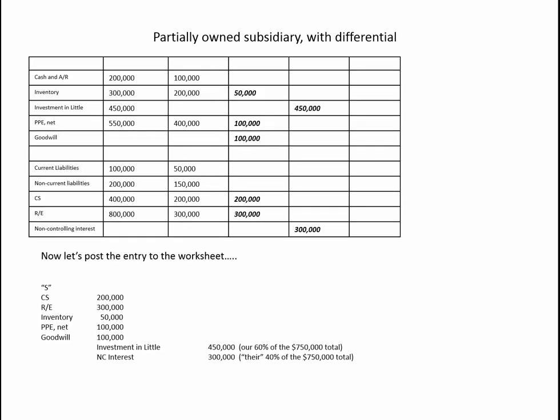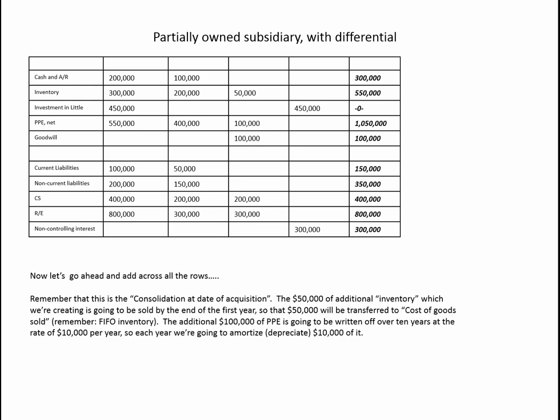So we go ahead and post that entry to the worksheet, debits to the debit column, credits to the credit column, and we add across, keeping in mind the debit and credit rules. Now remember, this is a consolidation at date of acquisition. In the subsequent year, after we do this on January 1st, at the end of the first year, we've created $50,000 of additional inventory assuming a FIFO inventory flow. That inventory is going to be sold by the end of the year.